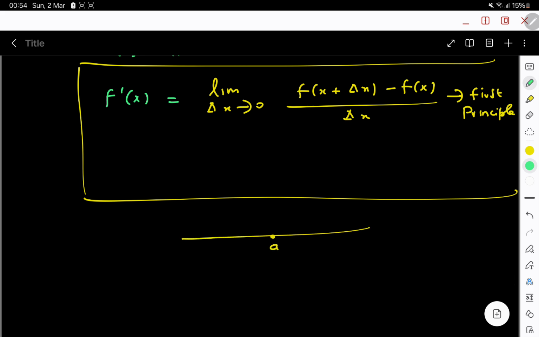In x is equal to a, this point is called the left neighbor, and this point is called the right neighbor.